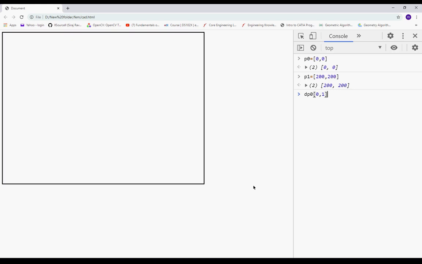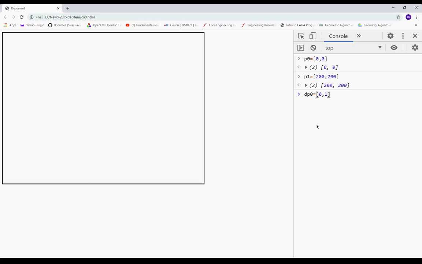What is the meaning? The tangent vector is vertical only.